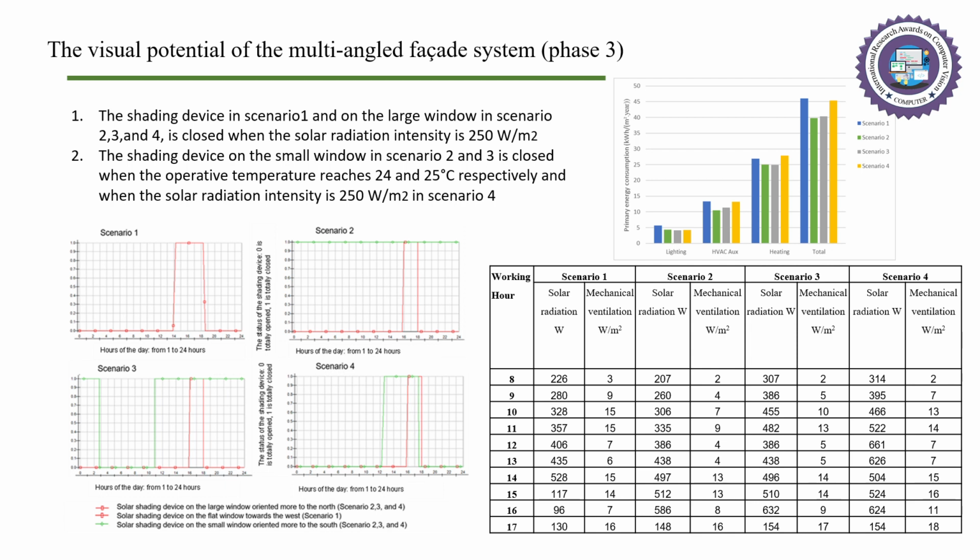The table to the right shows the impact of shading devices on the energy consumption for heating and mechanical ventilation. As a result, the shading control system applied in scenario 4 has a better visual quality, whereas the shading control system applied in scenario 2 has a better impact on energy consumption and indoor climate of the building.